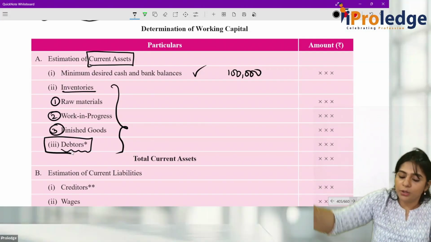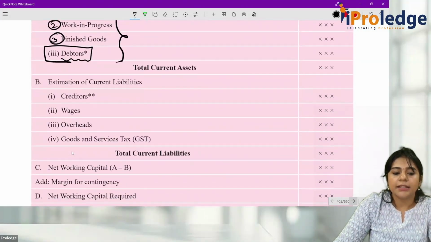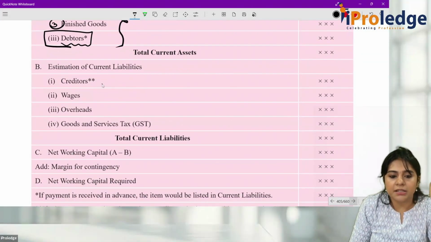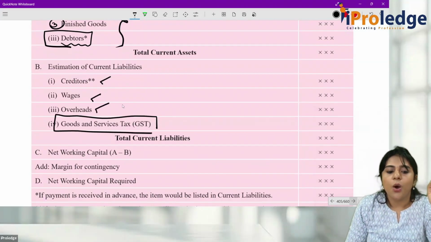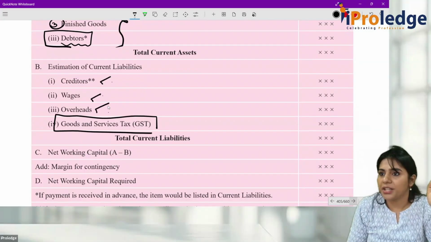So all this put together, you get current assets. Then you subtract all your liabilities: creditors, wages, overheads. If problem gives you GST, take GST. Otherwise, generally we don't take GST. Only creditors, wages, and overheads.